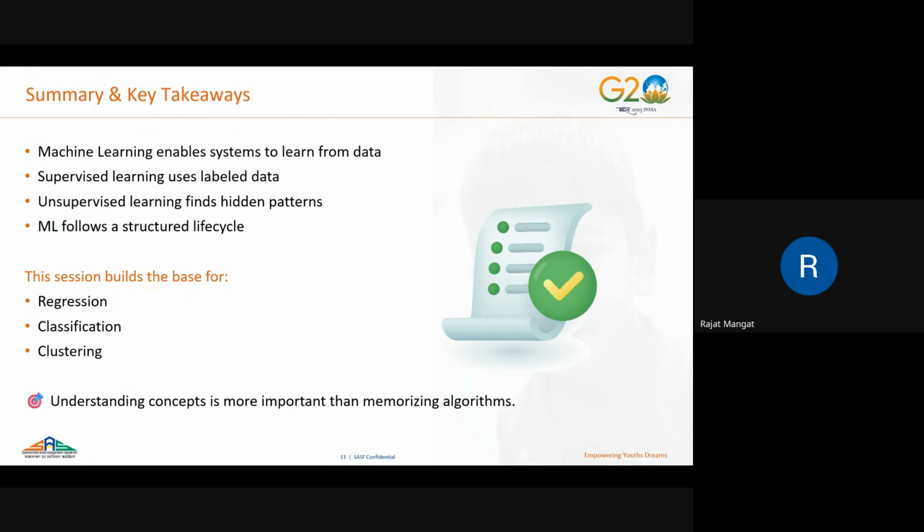As I told you, we will be going through these algorithms later on. Today's session is for the overview, to get you a basic understanding of what machine learning is, what unsupervised learning is, what supervised learning is. Okay. So understanding the concept is more important than memorizing algorithms. So first, we have gone through all those concepts in today's session, and then we will be moving to the algorithms in the upcoming session.